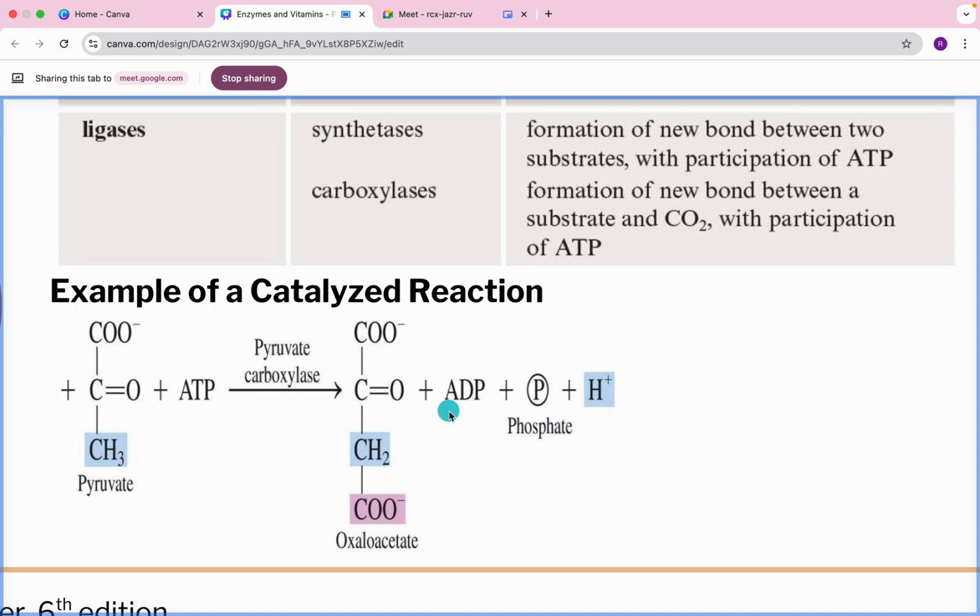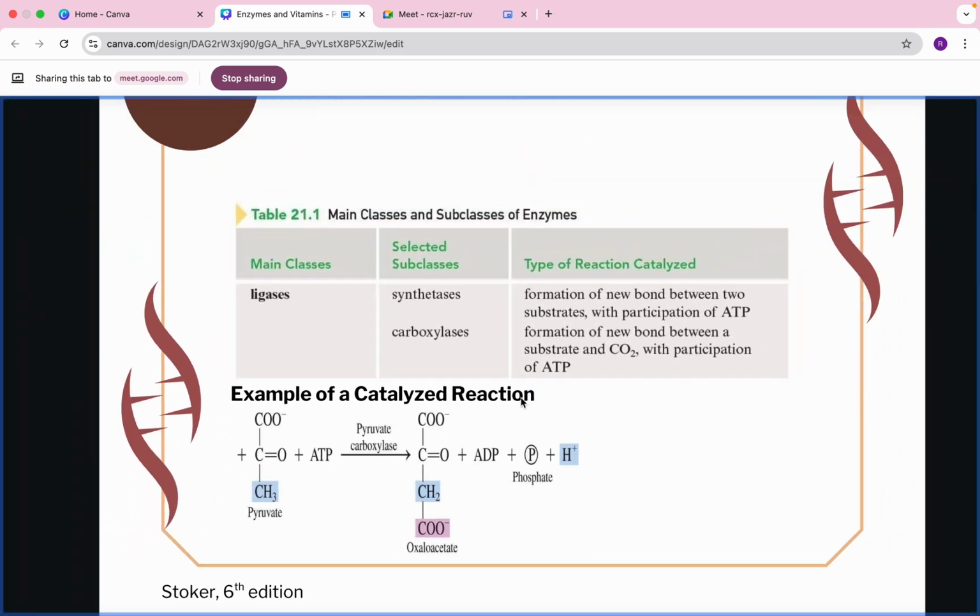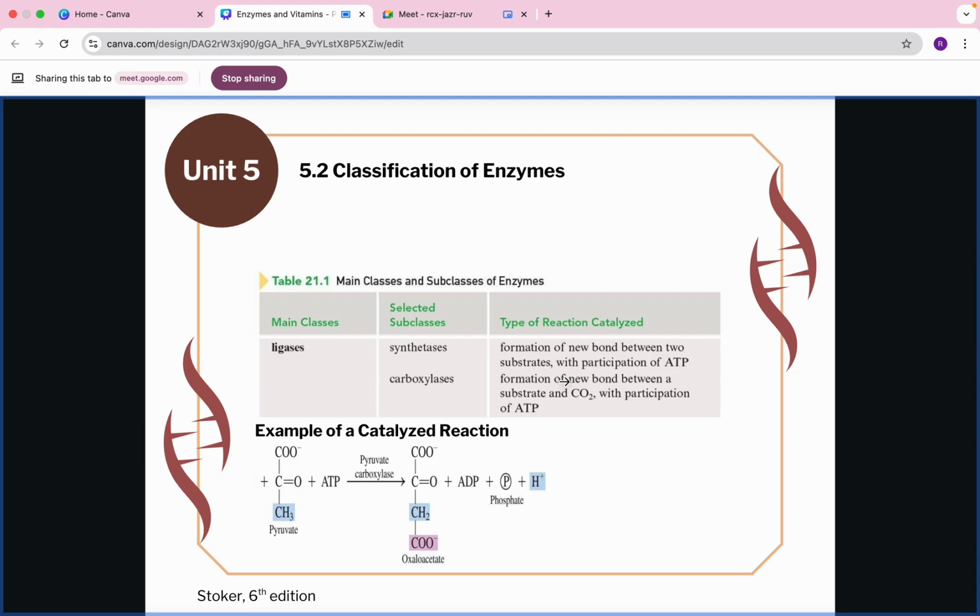That's why we have ADP, phosphate, and hydrogen over here. But when we go to metabolism, we can take a sneak peek at this reaction mechanism so that we will be able to understand further the role of these cofactors and coenzymes, especially in our key metabolic processes.